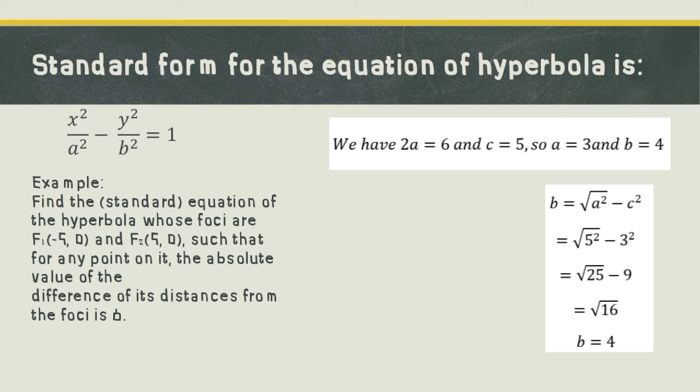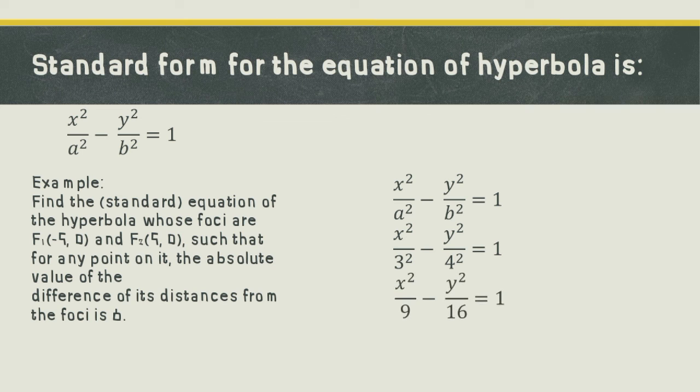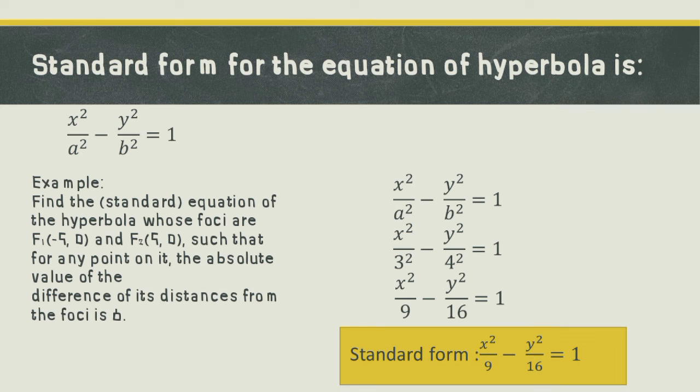Therefore, our a is 3 and then our b is 4. Given the standard form, x squared over a squared minus y squared over b squared equals 1. Substitute a by 3 and b by 4. So, 3 squared is equals to 9, 4 squared is equals to 16. Therefore, the standard form of this equation is x squared over 9 minus y squared over 16 equals 1.